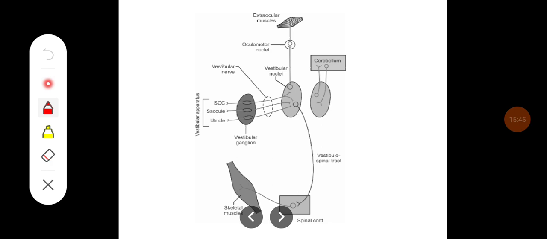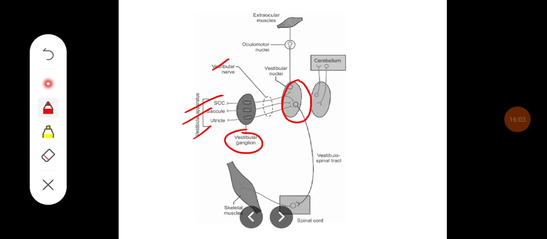The different sensations from the semicircular canals, saccules, and utricles go through the vestibular ganglion or Scarpa's ganglion. Then they will form the vestibular nerve. Then they are going to relay into the vestibular nucleus.